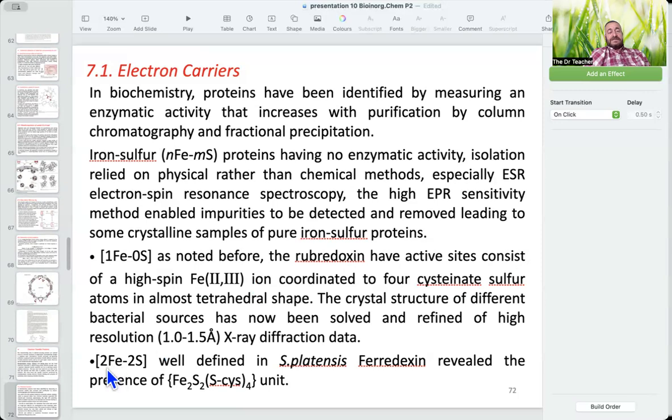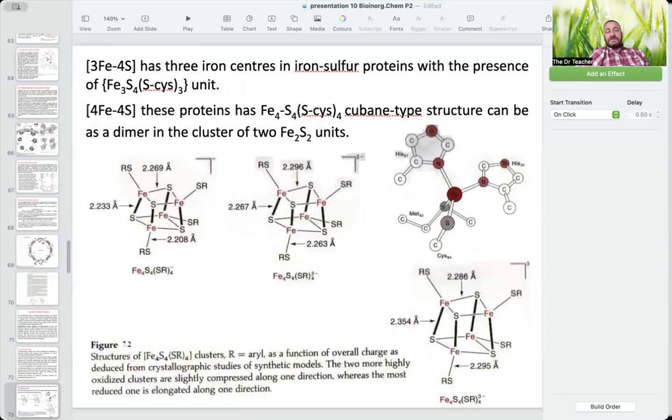We discuss the 2 iron, 2 sulfur unit, well defined in plant ferredoxins. Ferredoxin reveals the presence of this unit. And this cage, how these 3Fe-4S and 4Fe-4S as well. So we have many structures involved with iron and sulfur.